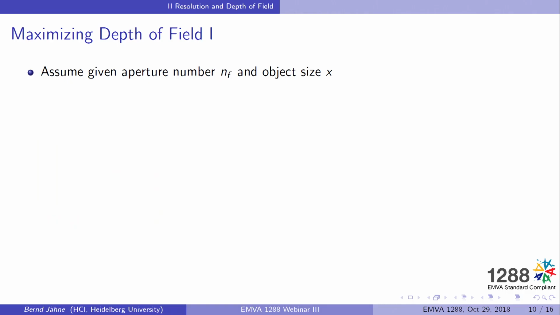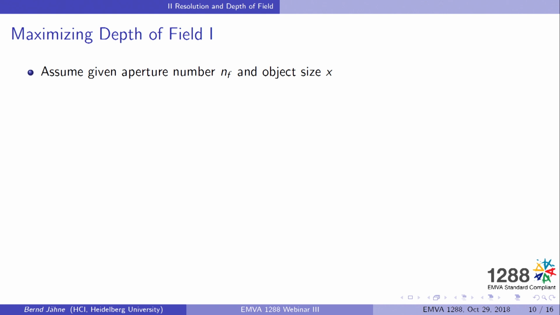And now we may ask, what can we learn for our application? What we can learn is the following. If we have a given task, we typically know the size of our object, that's fixed. We also assume that the aperture number is fixed because we have a certain brightness in our scene, and this requires a certain f number just to get enough light.